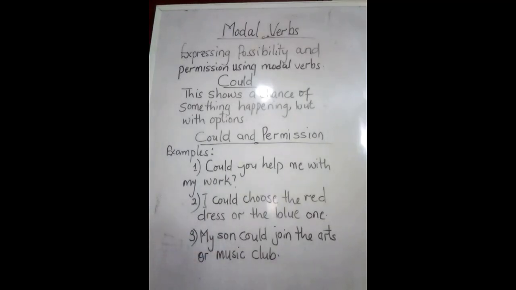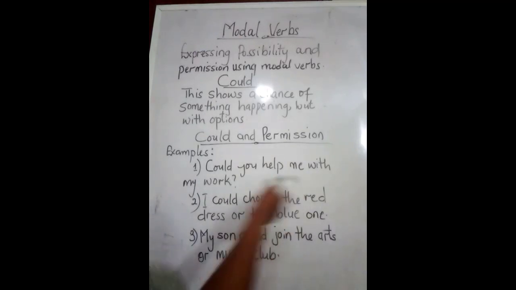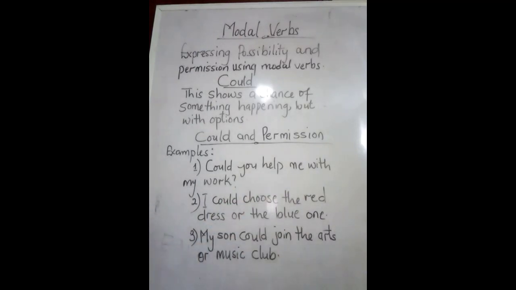So the last example says, my son could join the arts or music club. Just like the second example, it is also showing us options here. The son has the option of joining either the arts club or the music club. Just like number 2, I could choose the red dress or the blue one.